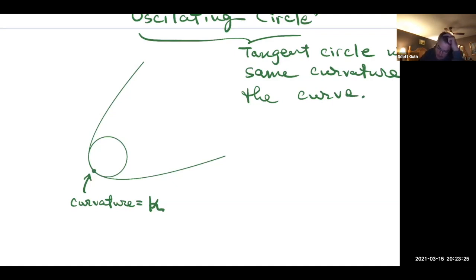It's called the osculating circle. Okay, so there's the center. And then what I'm going to do is draw a radius in here, and we'll call that distance rho. Like that. So that's rho. And just labeling everything, we have the osculating circle.